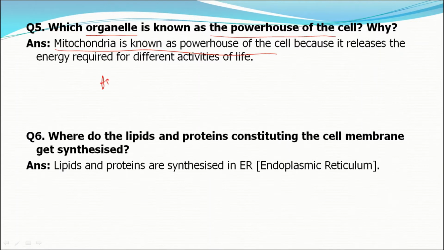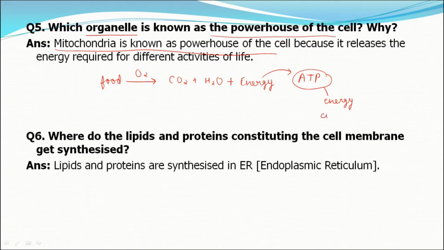The food present inside the cell is dissociated in the presence of oxygen into carbon dioxide, water, and a high amount of energy is released during this process, and this energy is stored in form of ATP. What is ATP? Adenosine triphosphate, and this is known as the energy currency of the cell. Are you getting it? That's why mitochondria is known as the powerhouse of the cell.